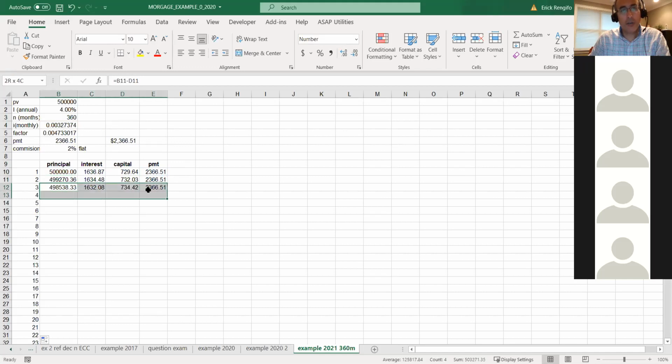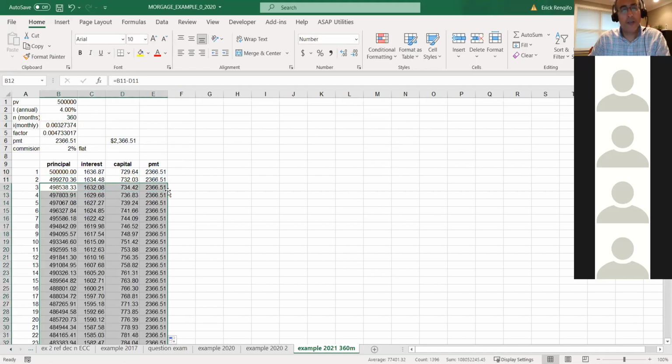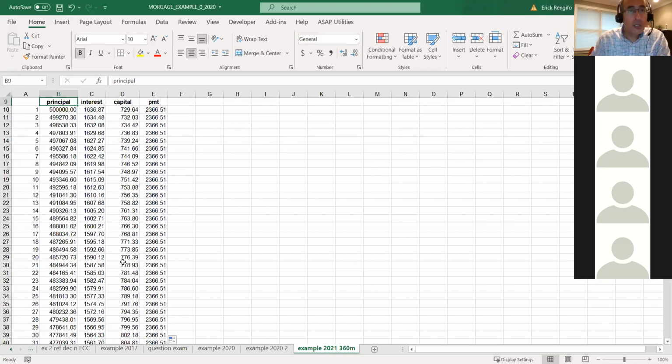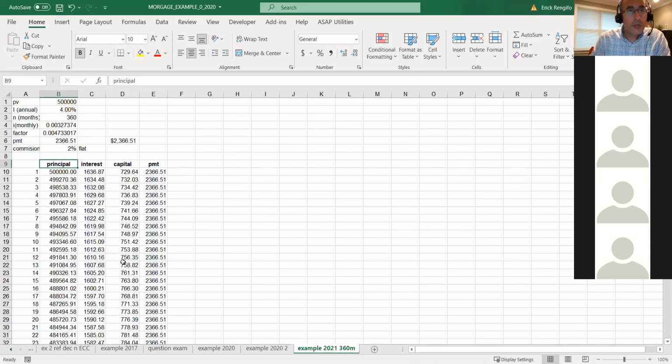So I can simply copy all this part down, and this is what I obtained. So just to be sure, guys, that we have correct numbers, what is this number here? Interest, capital.